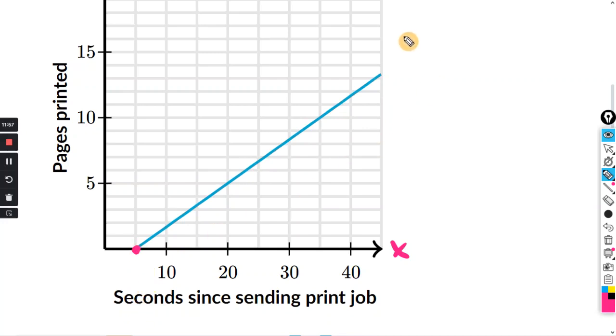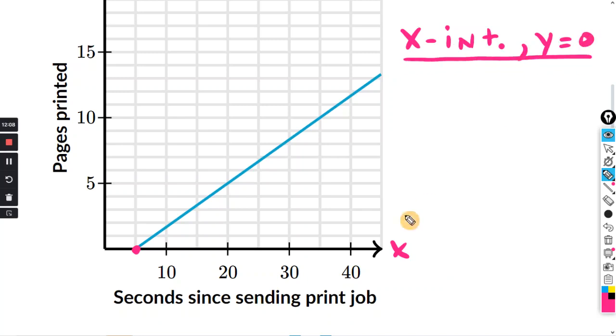At the x-intercept, y equals 0, because this is the x-axis, but it's also the line at y equals 0 right here. So at the x-intercept, y equals 0.